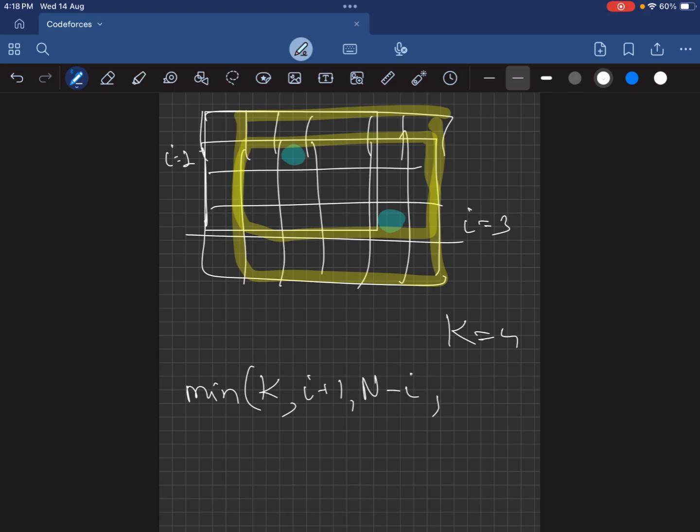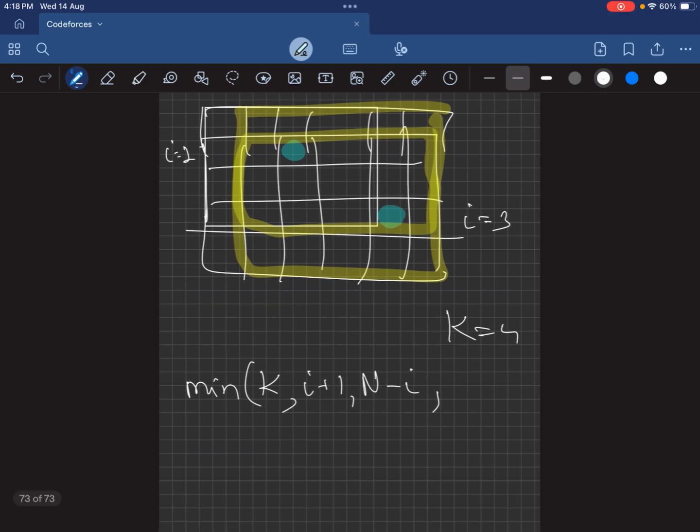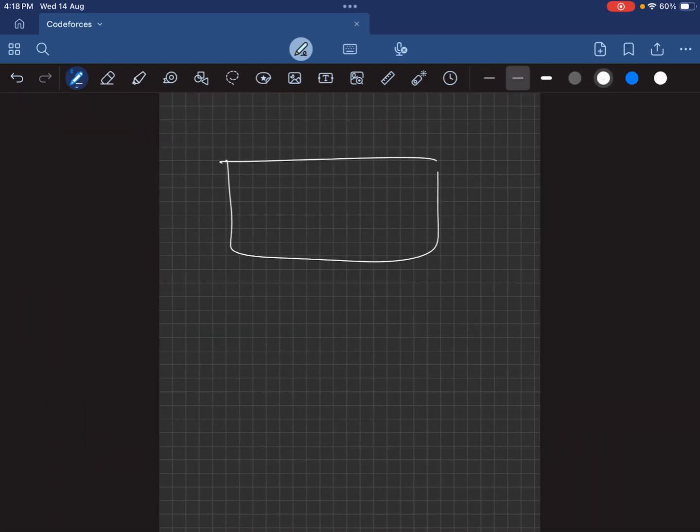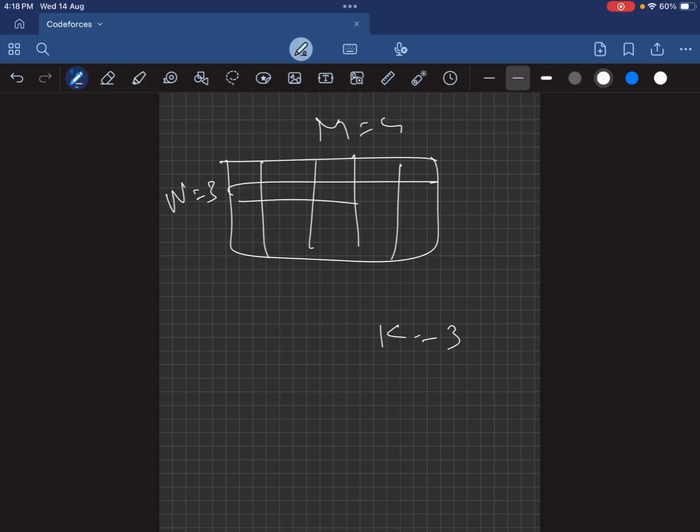And there can be another case for which we'll have n minus k plus 1 many subgrids. This is essentially the case where everything is quite constrained. So for example, if our n is equal to 3, m is equal to 4, and k is equal to 3, okay, sorry, I had to do k is equal to 3.